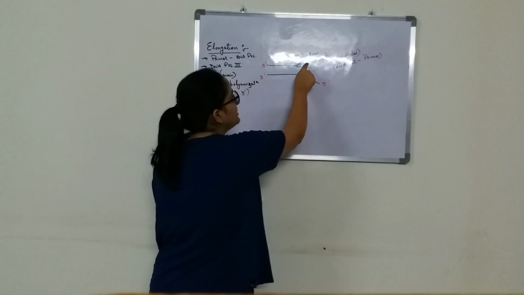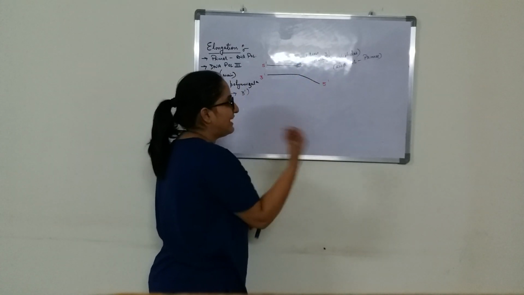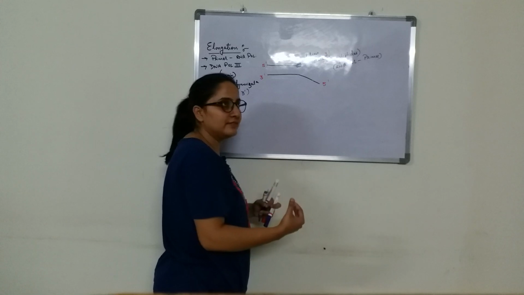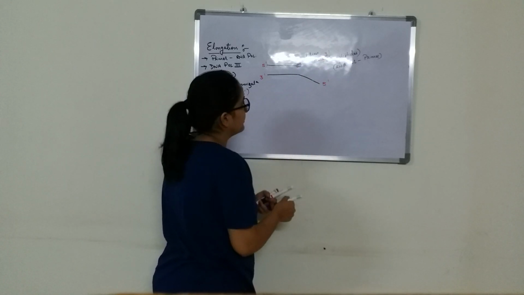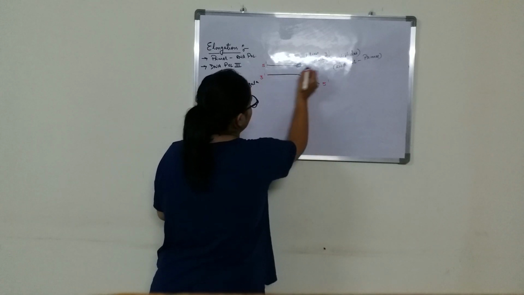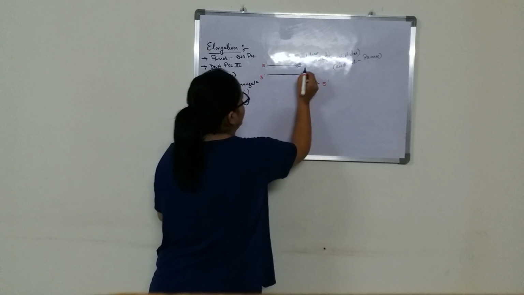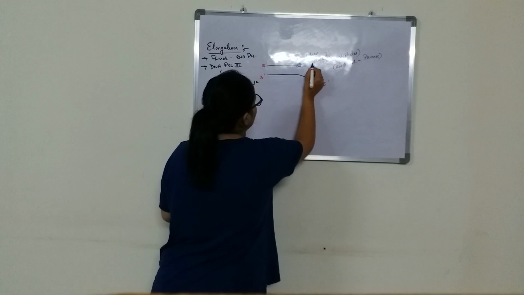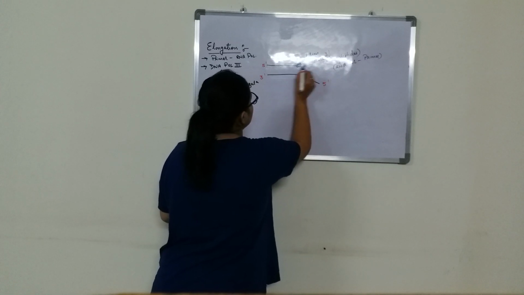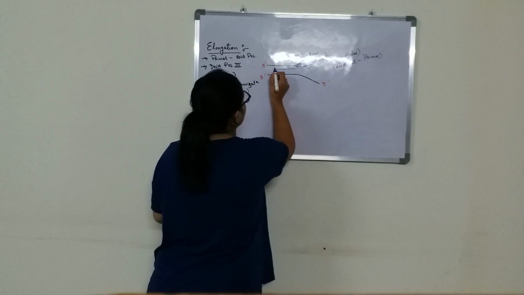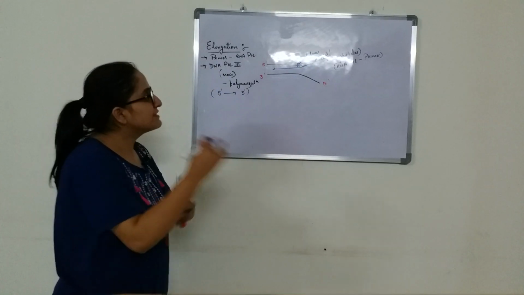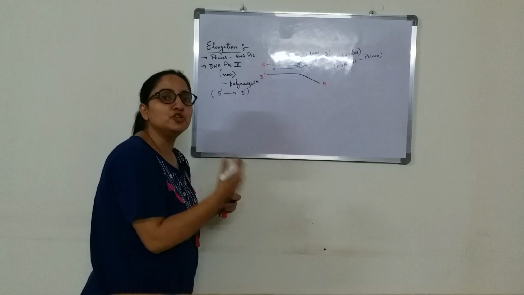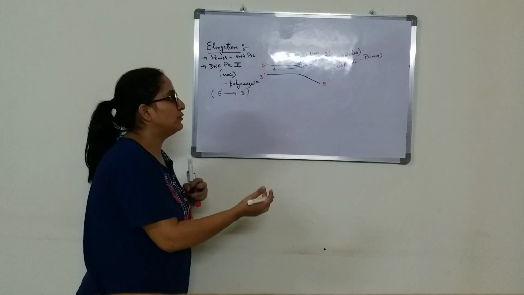In the upper strand, what is the direction that a DNA polymerase is getting? 5 prime to the 3 prime direction, right? So what happens? It will continuously keep on adding the new nucleotides, the DNA nucleotides.